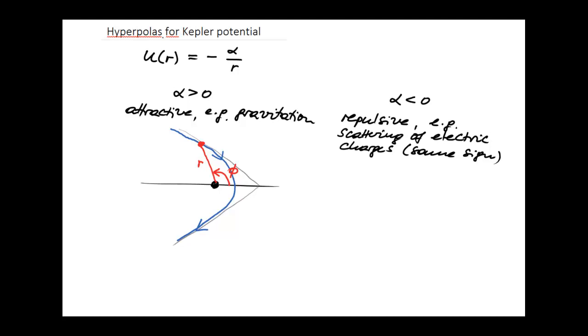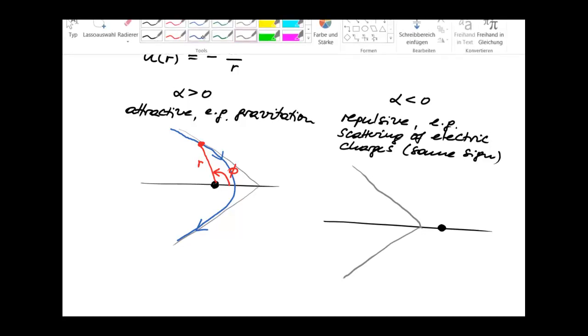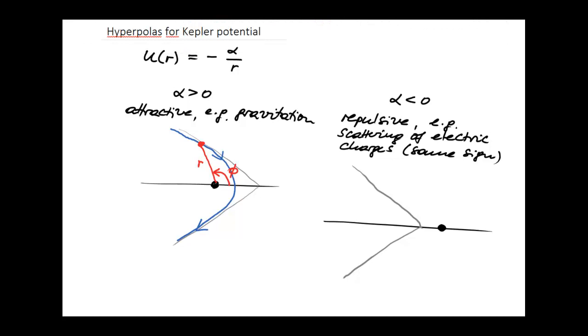Now, in the repulsive case, the situation is slightly different. Again, let me denote with the black dot the center of the Kepler potential. Again, asymptotically, the motion of the projectile is free. It's uniform asymptotically. The shape of the orbit is again a hyperbola, but this time it looks slightly different.